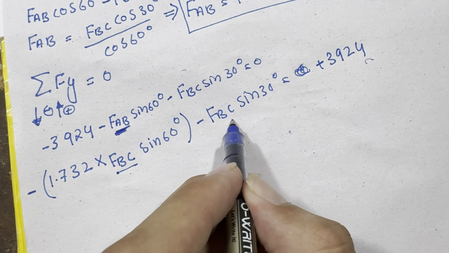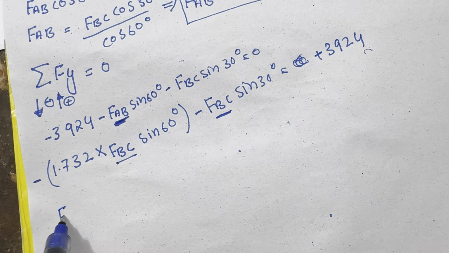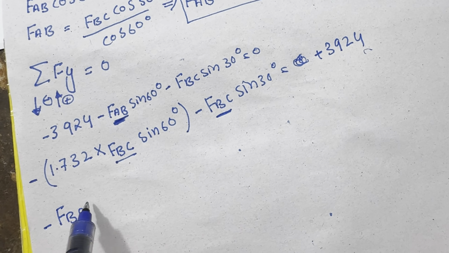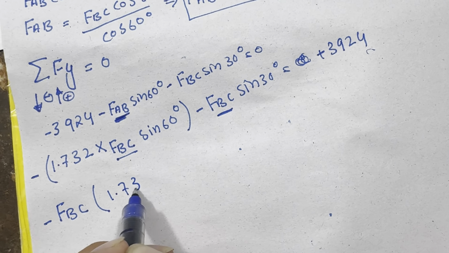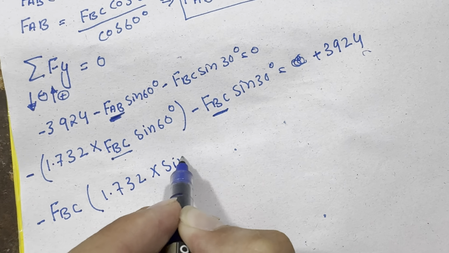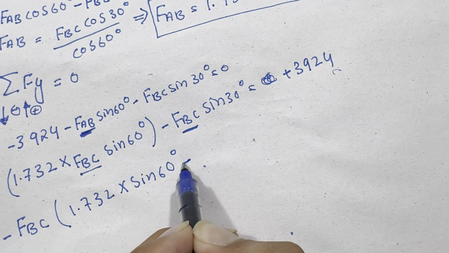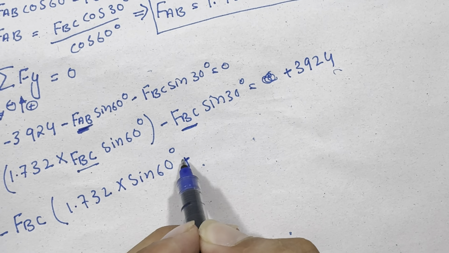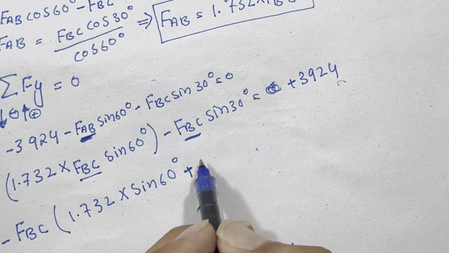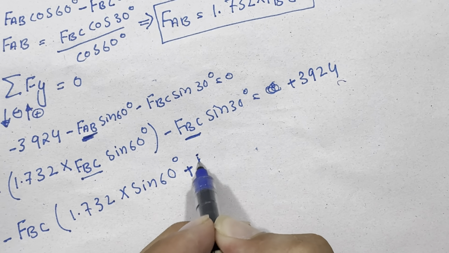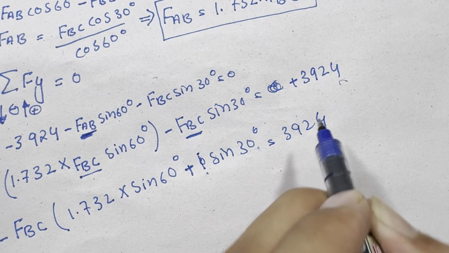If I take FBC common from these two terms, I will be left with 1.732 multiplied by sine 60, and the negative will become positive because I took it common, plus sine 30 degree, equal to 3924.